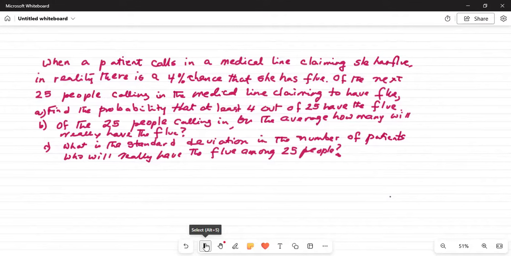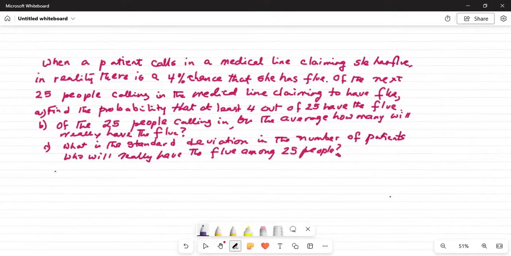The other alternative is to use a property of probability: the sum of the probabilities of all events, that is for x from 0 to 25, is equal to 1. So we can use the complement rule. Let me write the complement rule for you.